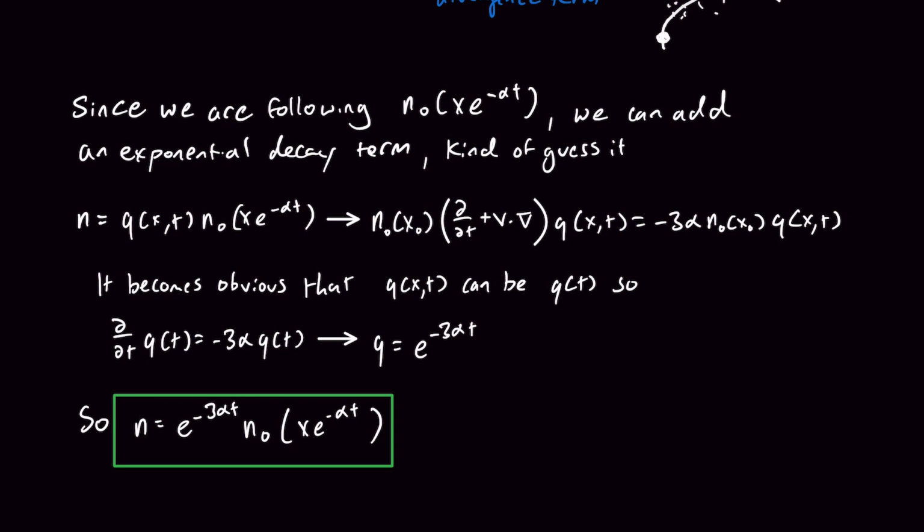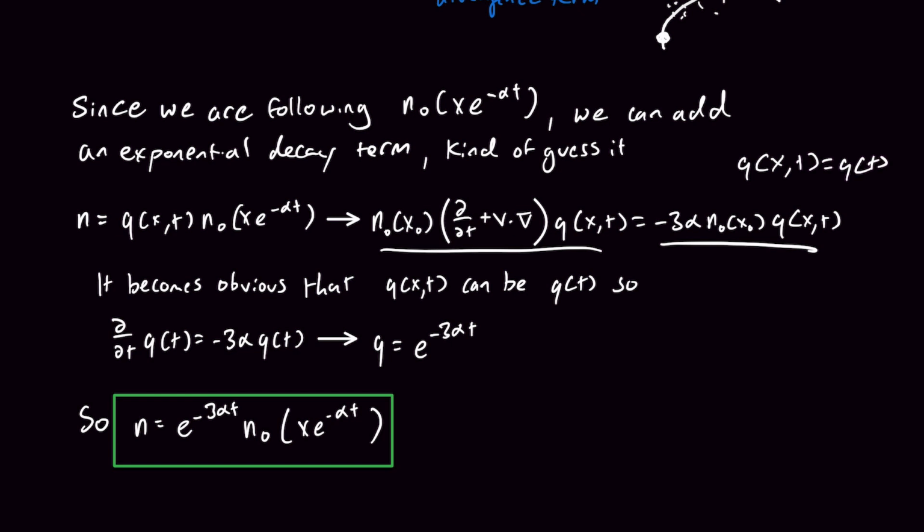And then we just multiply that and apply this to the continuity equation. Then from here, it becomes obvious that if we want these two to equal something of substance or easier to solve, we can simply take out the x dependence of q, because q is something we made up. So q of x, t equals q of t.